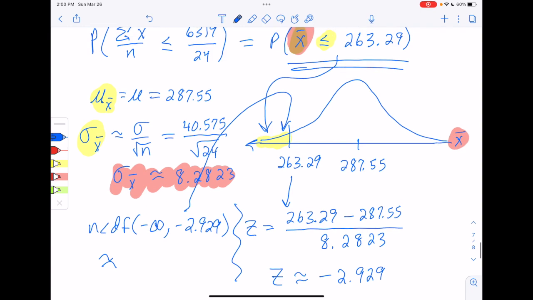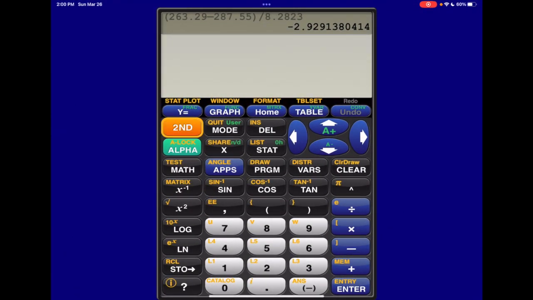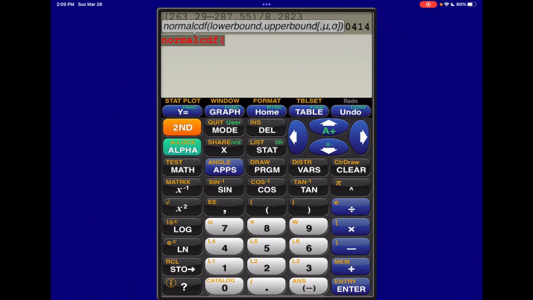So let's go to the calculator and calculate that area using normal CDF. So go to our distribution menu, normal CDF, left boundary negative infinity, so negative alpha I. That's only going to work if you've stored infinity into I. If you haven't done that yet, then go back to the chapter 6 calculator videos, look for the video on storing infinity and get that done.